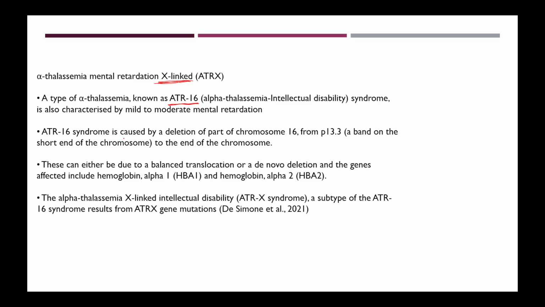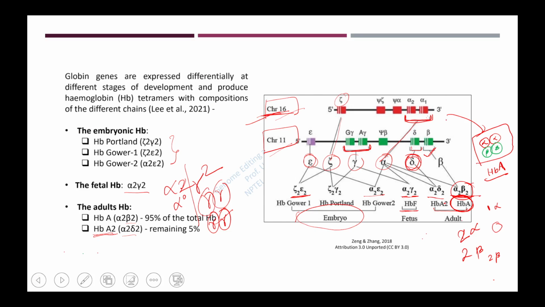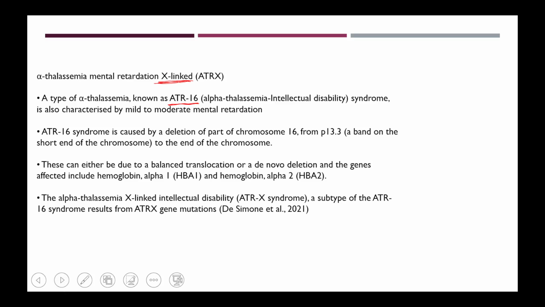This ATR16 syndrome is caused by deletion of a part of chromosome 16, from p13.3, a band on the short arm of the chromosome, to the end of the chromosome. This can be due to a balanced translocation or a de novo deletion, and the genes affected include hemoglobin alpha 1 and hemoglobin alpha 2.